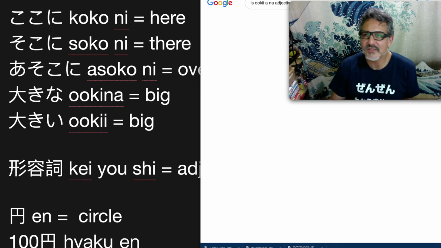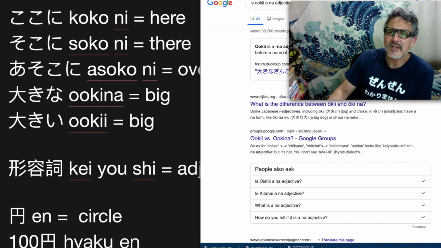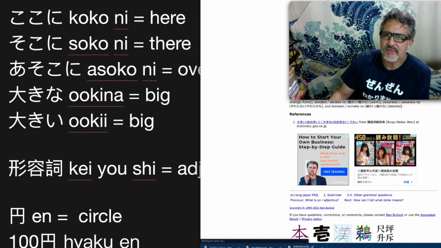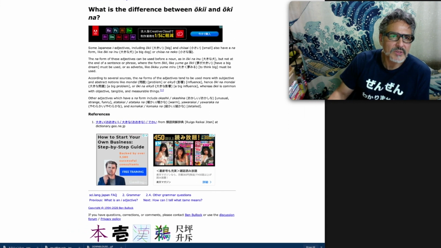Oh, I'm sure someone asked this question already. Ooki is a na adjective, and when describing something as being ooki, particularly before a noun, it should be ookina noun. Other people have asked this question. What is the difference between ooki and ookina? Some Japanese adjectives, including ooki and chiisai, also have a na form.